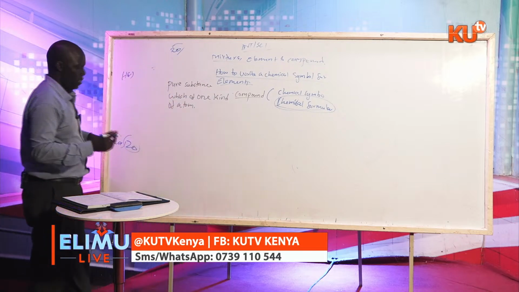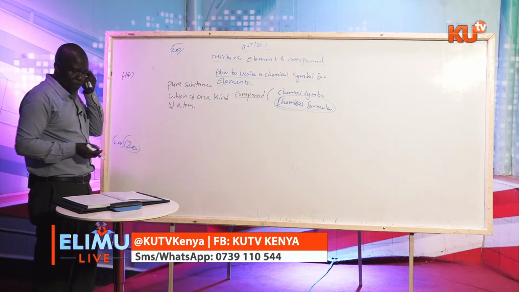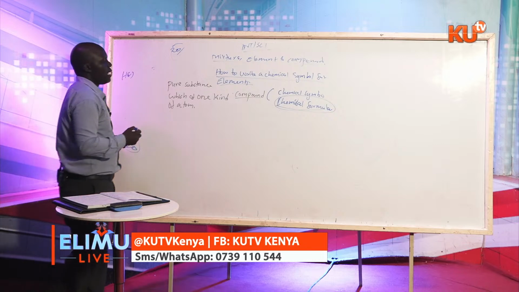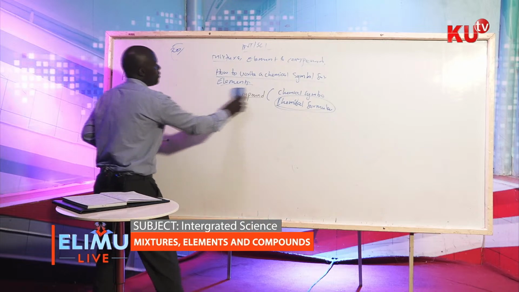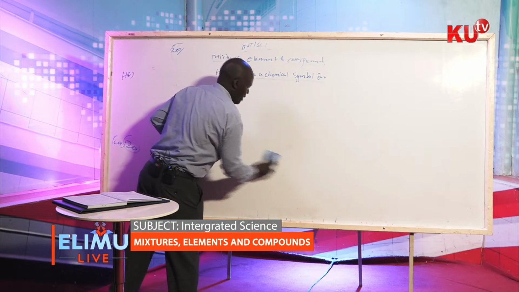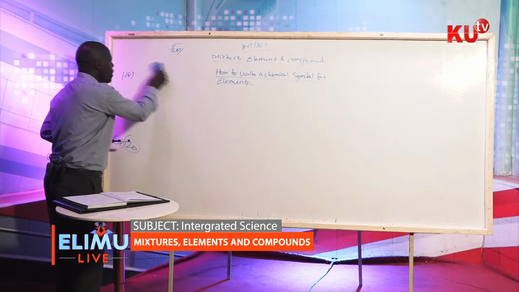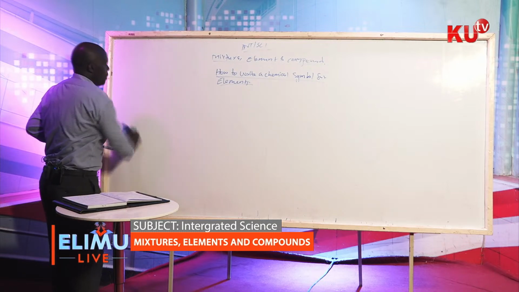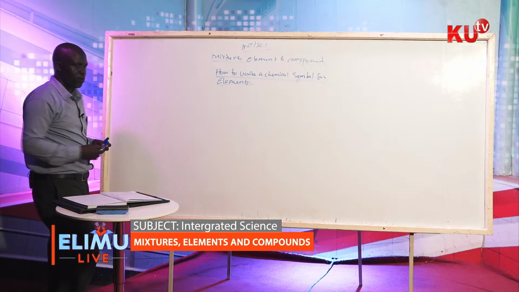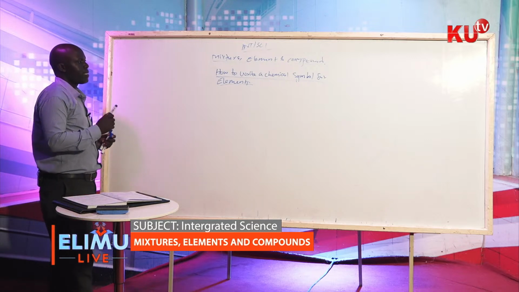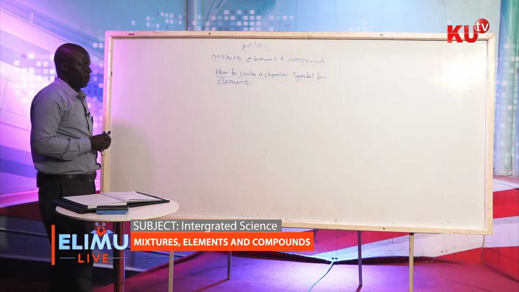For example, when we look at examples of compounds, we just take one example, and then we look at which elements make up that compound. From there, we'll be able to learn how to write its chemical formula.